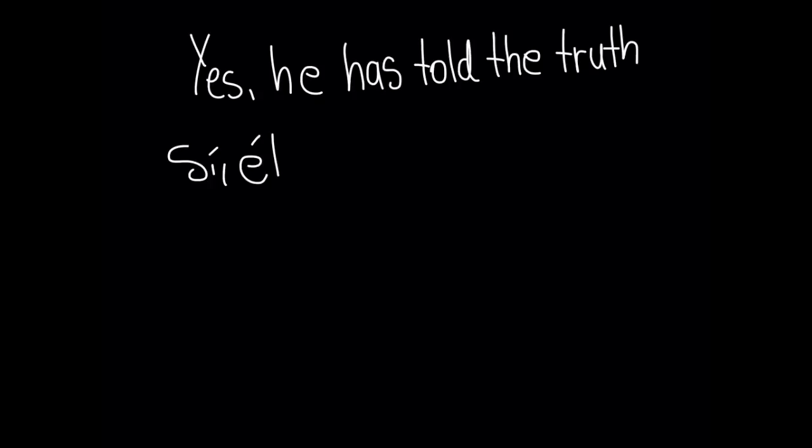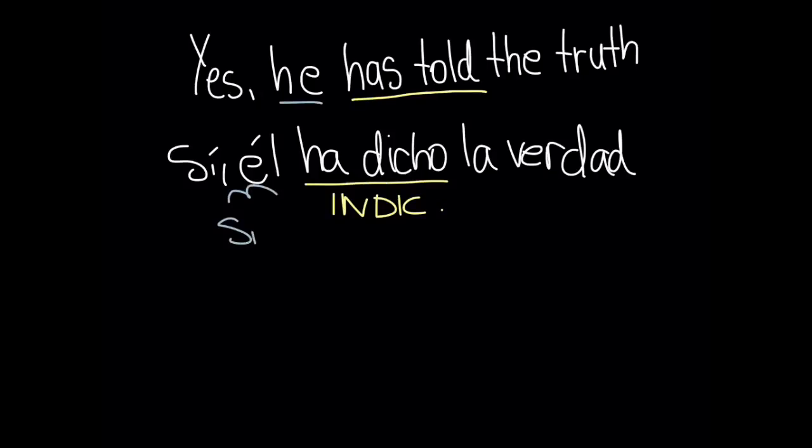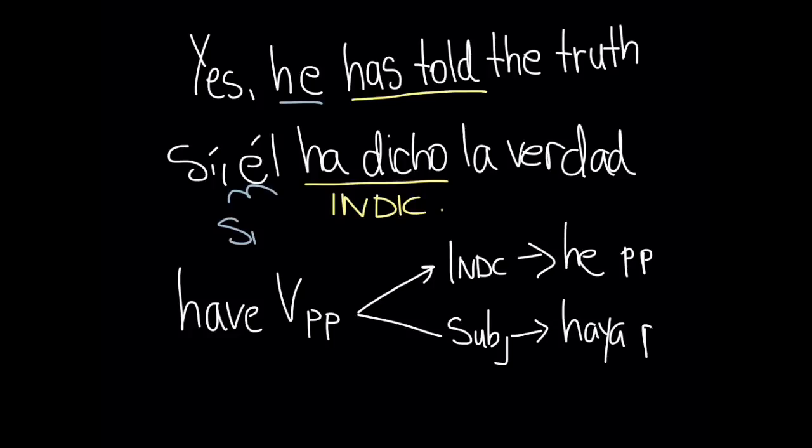Sí, él ha dicho la verdad. In this case, because I only have one subject, then I'm going to use the indicative. So remember, have plus a past participle in English could be the equivalent of indicative, for instance, he más participio pasado, and subjunctive, haya más participio pasado.